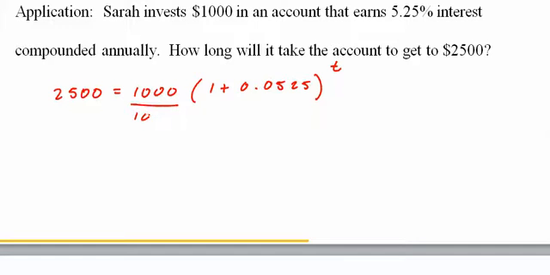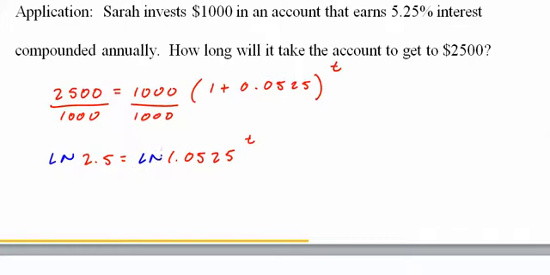Divide by 1,000: 2.5 equals 1.05 to the t. We could use any log, but again, we're going to get used to using natural log.